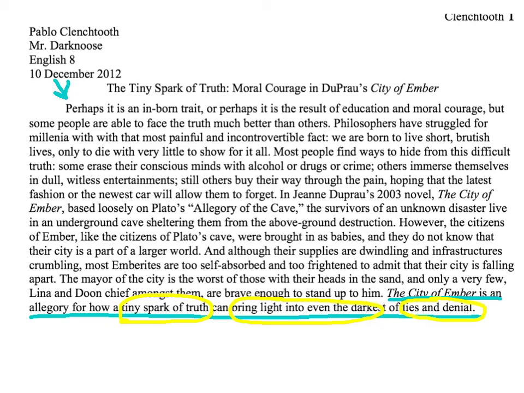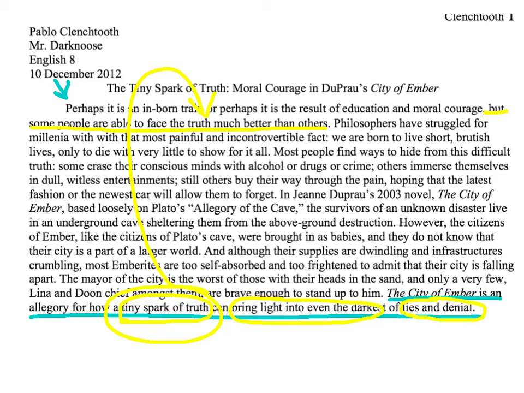And so then I can take any or all of these ideas and use them as my starting point. And you can see that's precisely what I've done in this first sentence. Some people are able to face the truth much better than others. I took this idea of truth out of my claim and spoke about it generally here at the beginning.